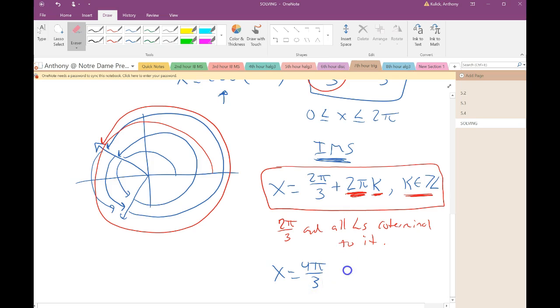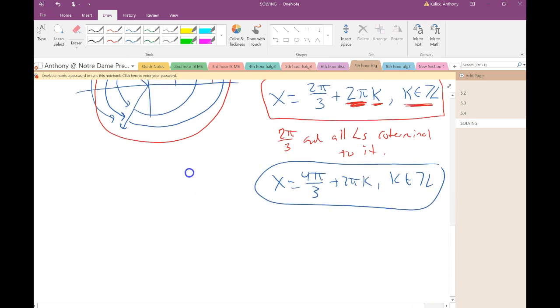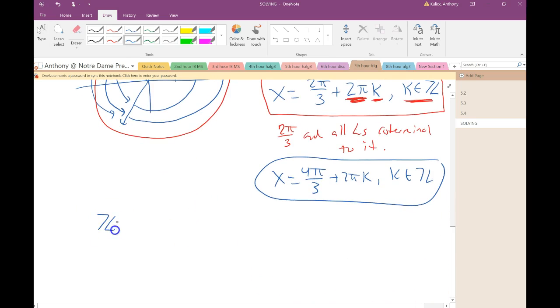So this is the set of integers. What do we mean by the set of integers? We mean the positive and negative whole numbers as well as 0.